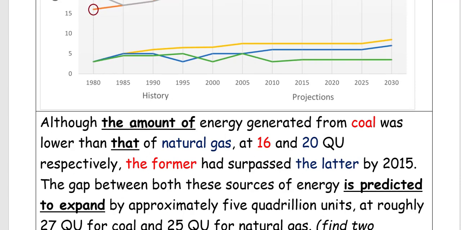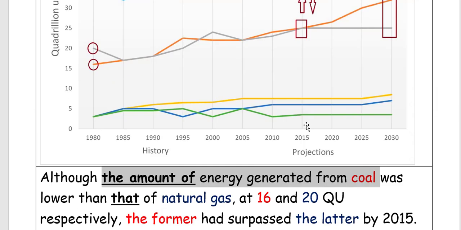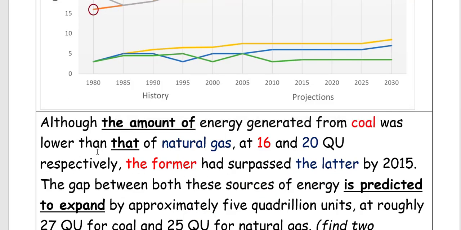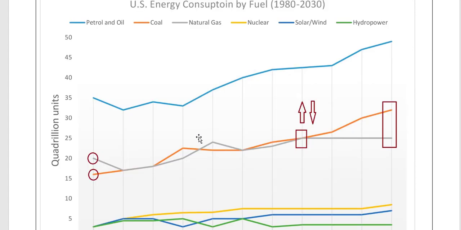Although the amount of energy generated from coal, now let's just look at this, coal, right, was lower than that. In this case, that means the amount of, because we must compare the amount of energy with the amount of energy of natural gas. Okay. Yeah, here we go. We have this one.